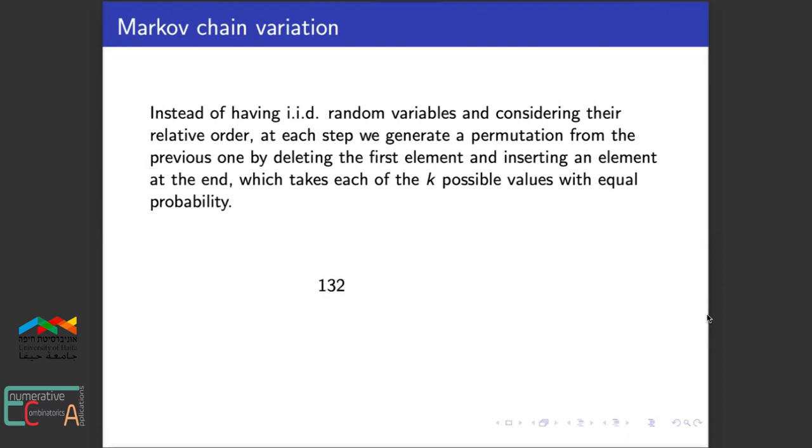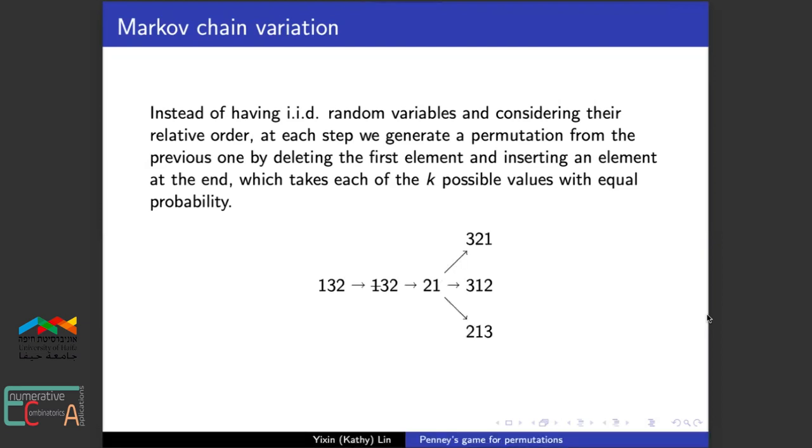Say we start with 1, 3, 2. We delete 1, then the remaining 3, 2 forms a 2, 1. Now with probability 1/3 we will add a 1 at the end. With probability 1/3 we will add a 2 at the end and form a 312. And with another probability 1/3 we will add a 3 at the end and form a 213.